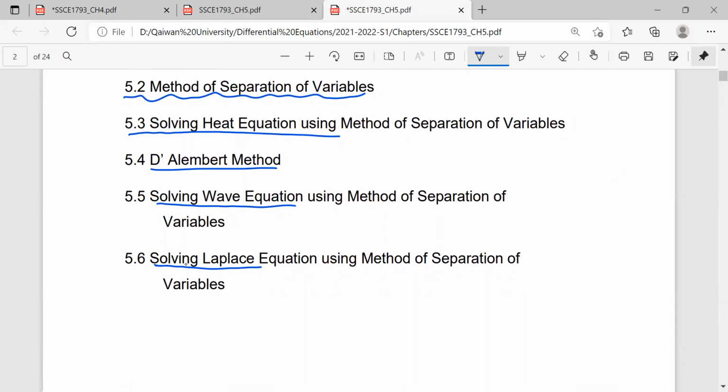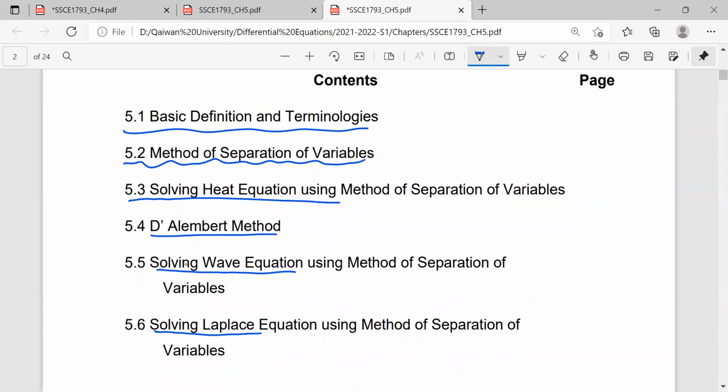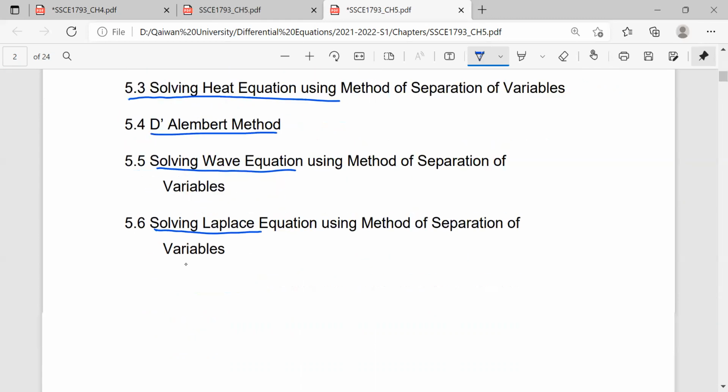In all of these, we use separation of variables for solving the partial differential equations. When you say solve the heat equation, wave equation, or Laplace equation, these are all partial differential equations.